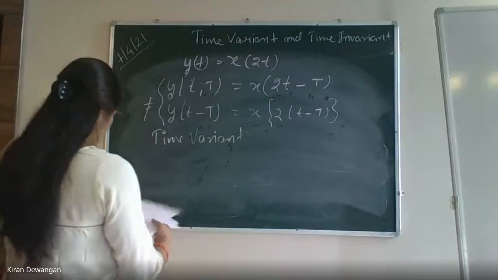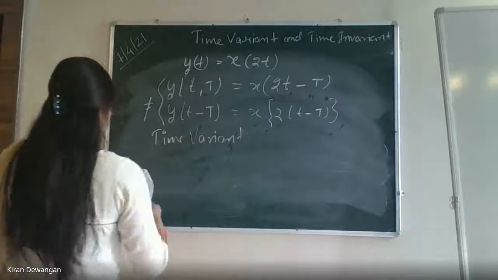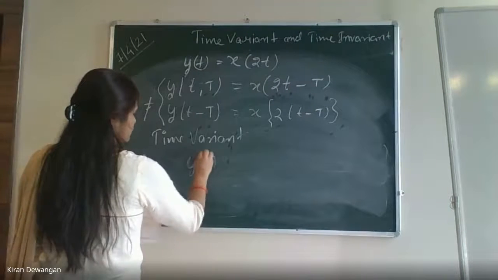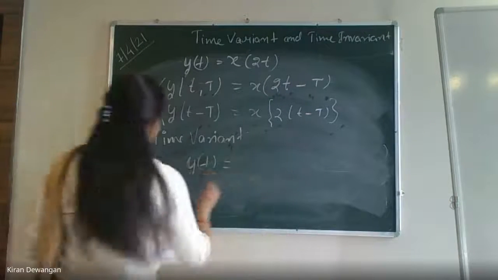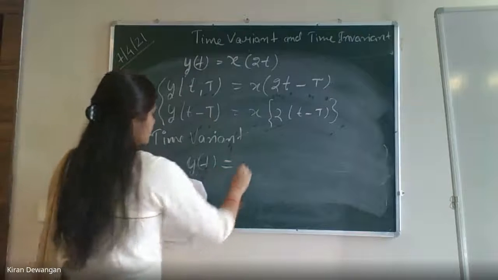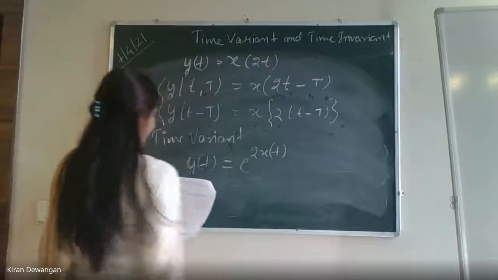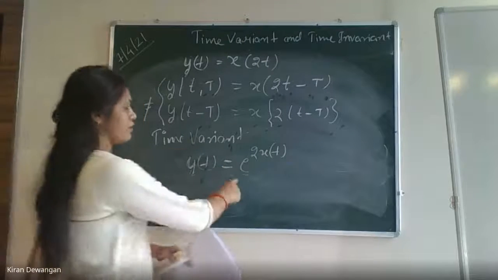Now we'll solve another question. Y of t is equal to e to the power 2xt. Y of t is e to the power 2xt.